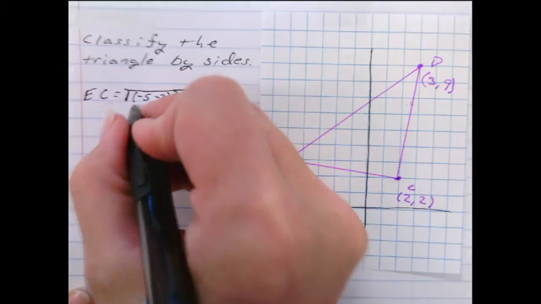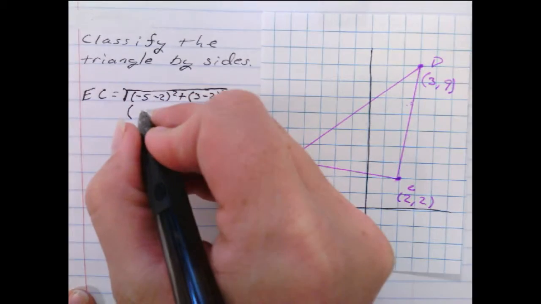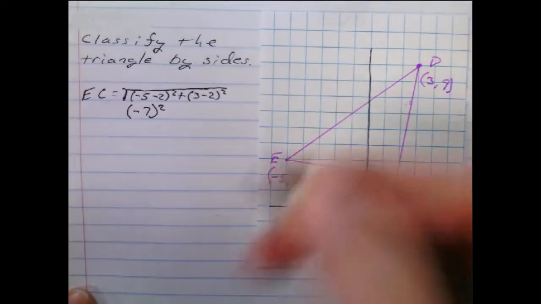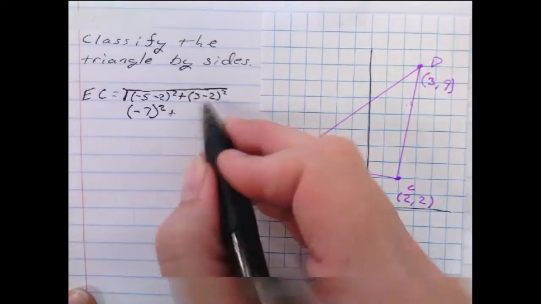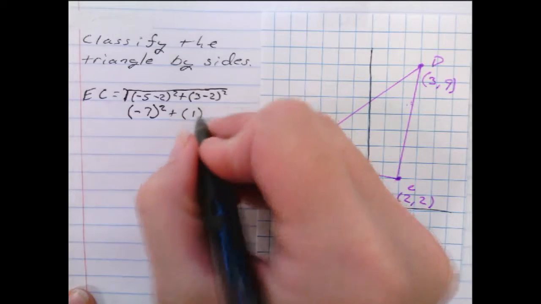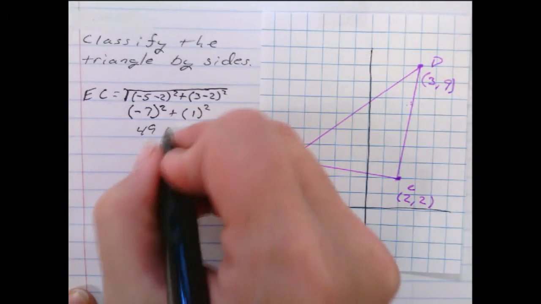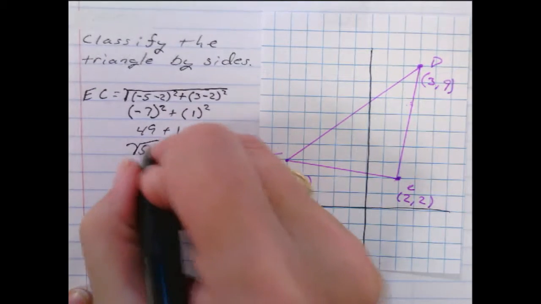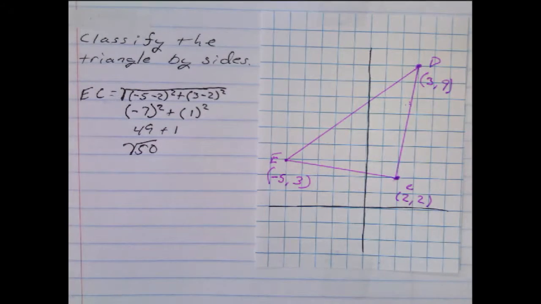So then we're going to simplify. Negative 5 minus 2 is a negative 7 squared plus 3 minus 2 is 1 squared. So we have 49 plus 1. So we end up with square root of 50. I'm going to leave it there for now and see what my other sides are.